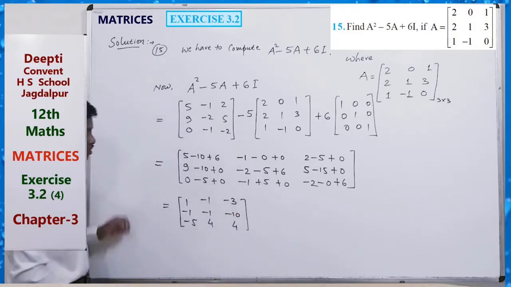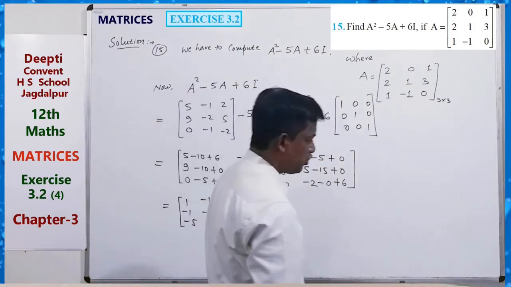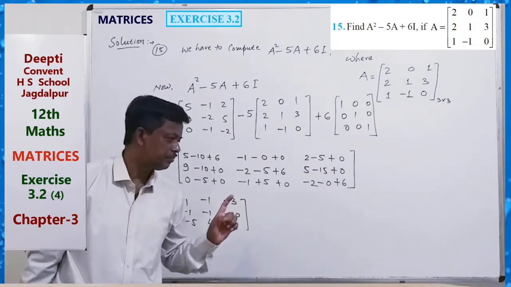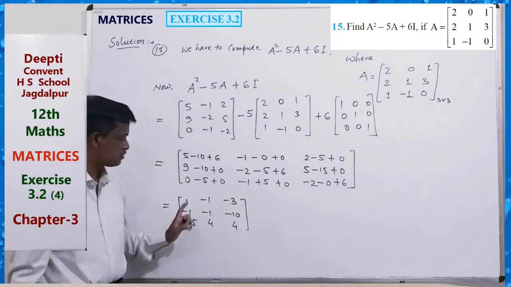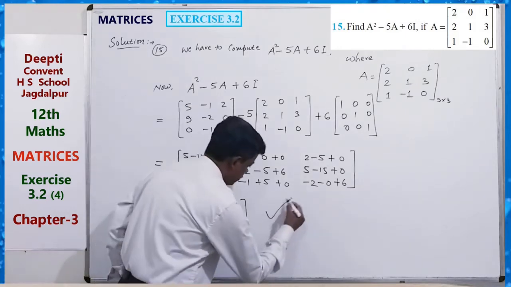So this is the value of this expression. Okay, so the value is 1 minus 1 minus 3, minus 1 minus 1 minus 10, minus 5 4 4. So this is the value.